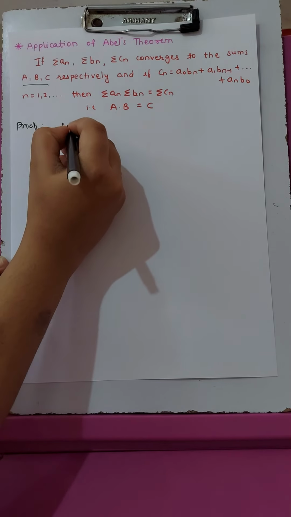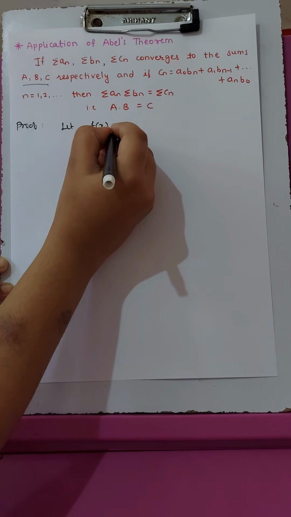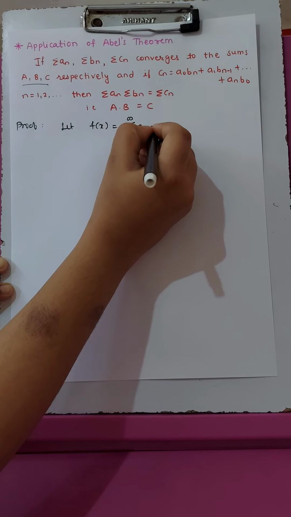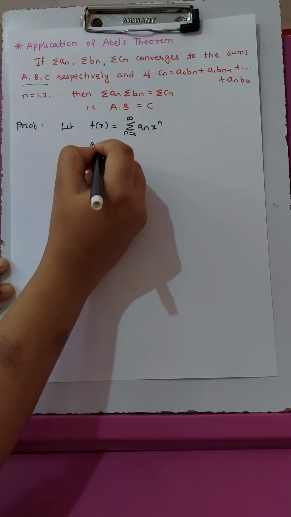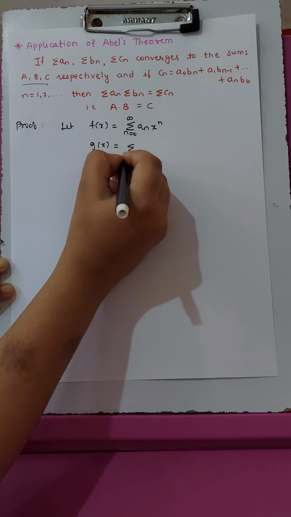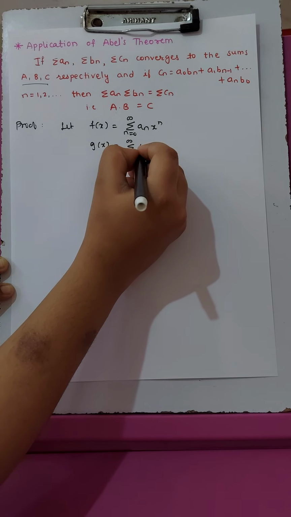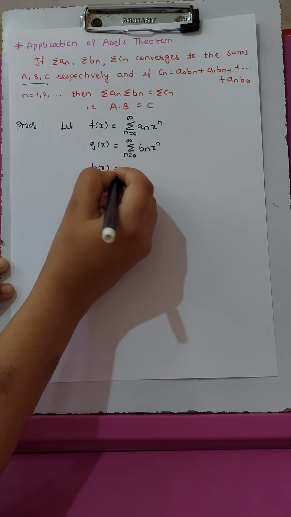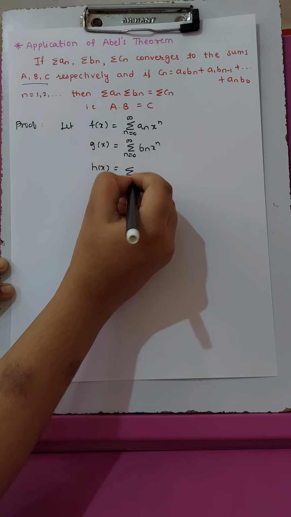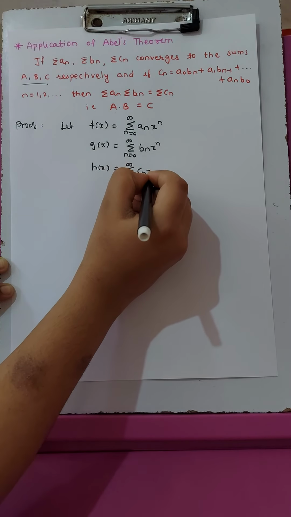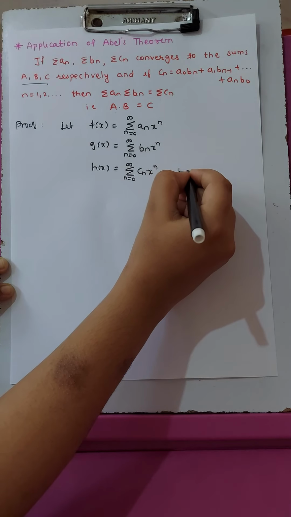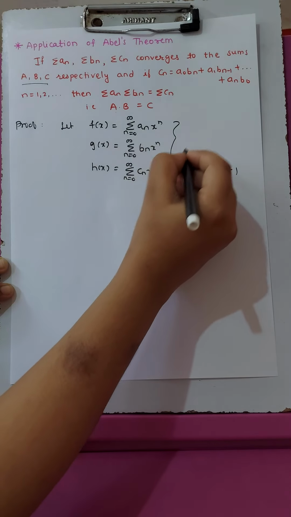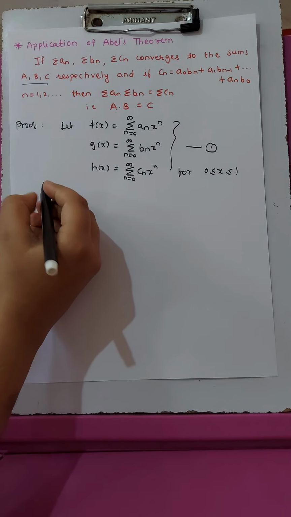Here let f of x equal summation n from 0 to infinity an x to the power n, g of x equal summation n from 0 to infinity bn x to the power n, and h of x equal summation n from 0 to infinity cn x to the power n, for 0 less than x less than 1. Let this be number 1.